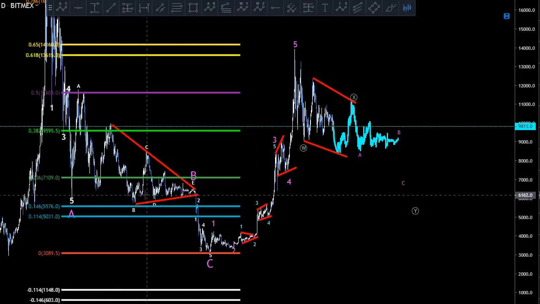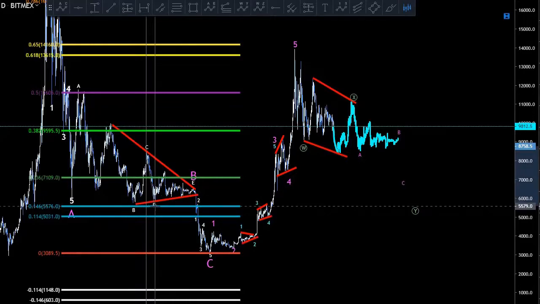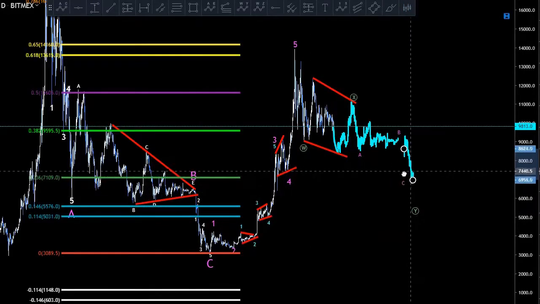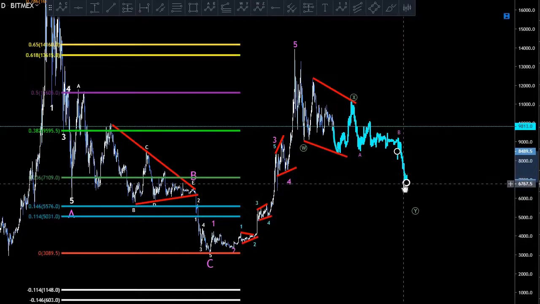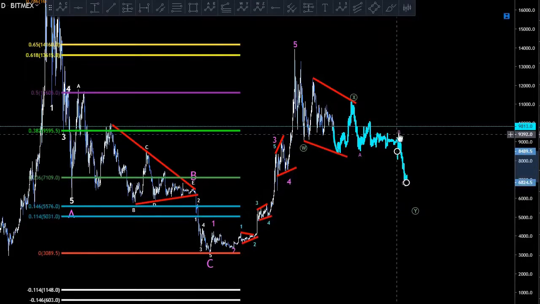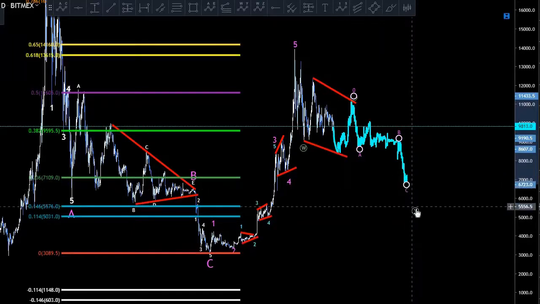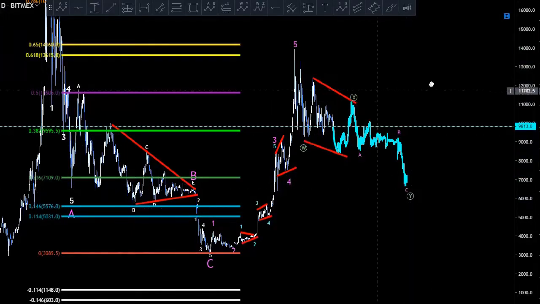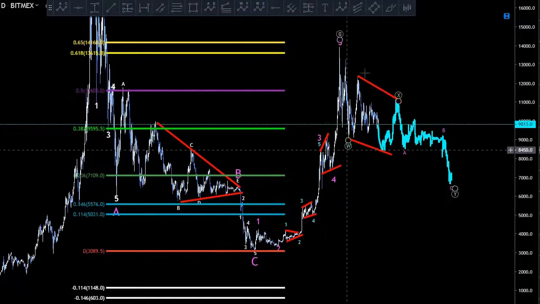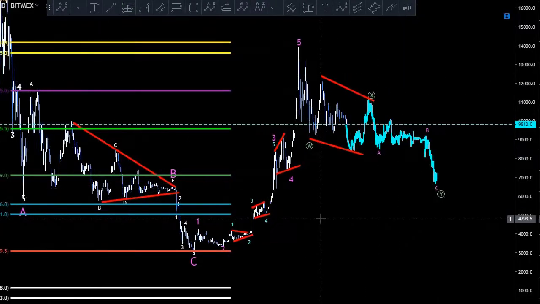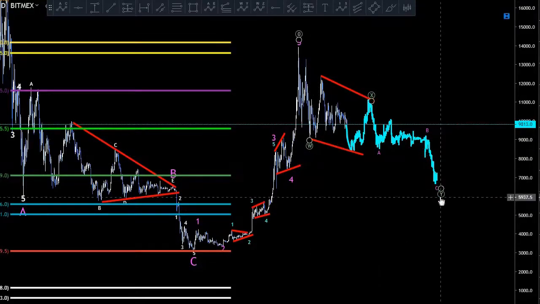We take it from right here to C wave. D. Alright, this looks much better now. So for this count, I wouldn't expect a drop as low. It's still possible. ABC W, ABC X, ABC Y. Same results, different counts, whether you like the triangle or not.